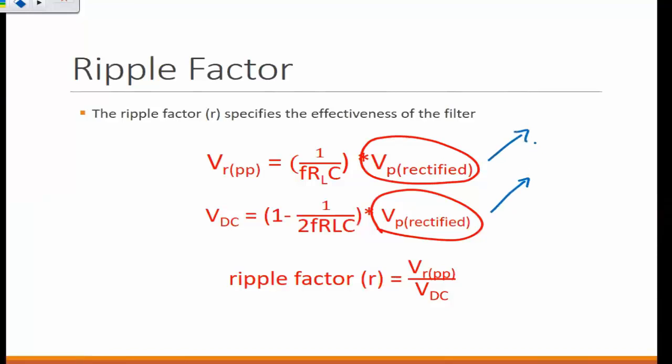These voltages are nothing but your peak output voltages, because this is the voltage you are feeding to the filter. So your V peak out is nothing but the rectified voltage. If you want to make those modifications on your formula sheet, you can do that too.